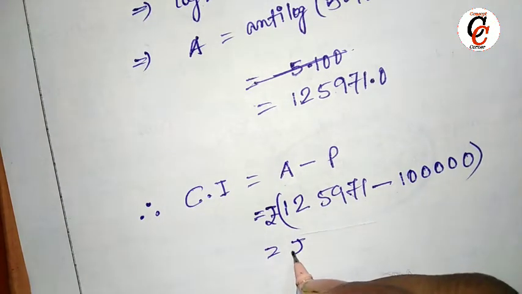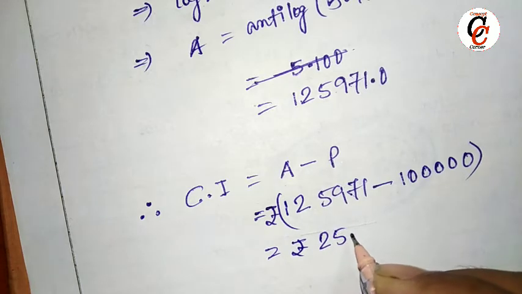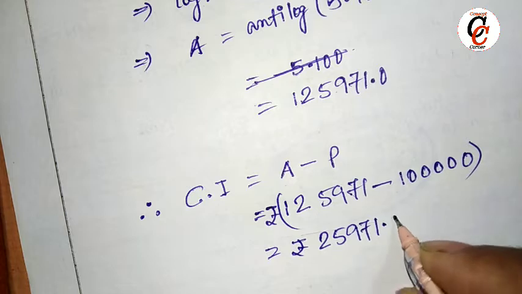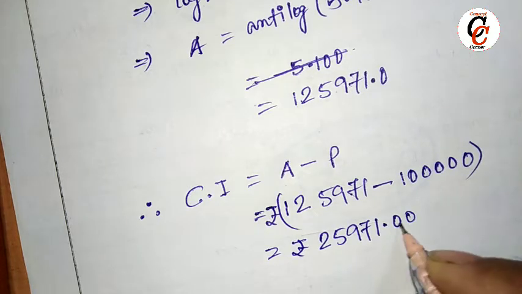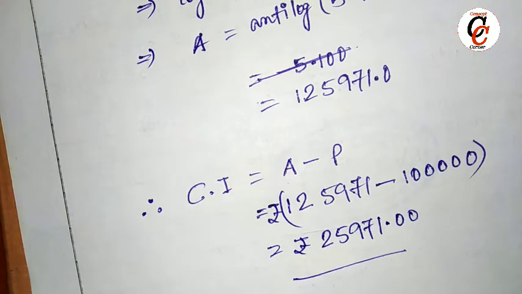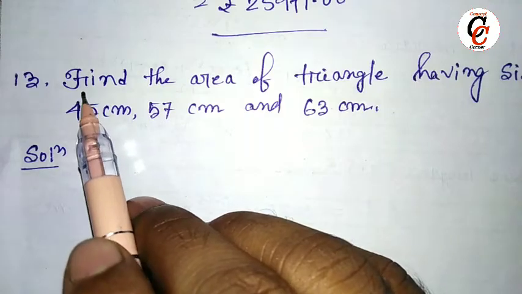So rupees 25971.00. Oh, no need to write 0 here. This is the amount of compound interest. So next we will discuss question number 13.